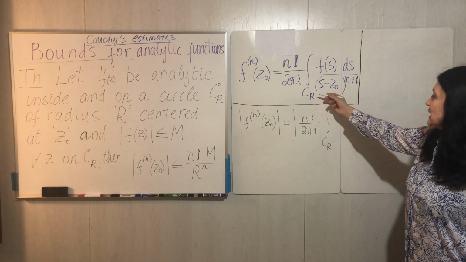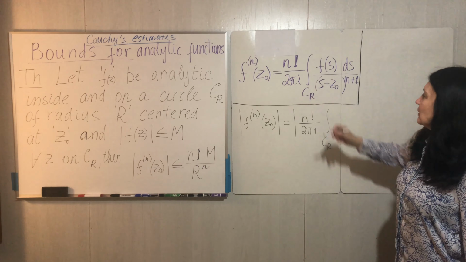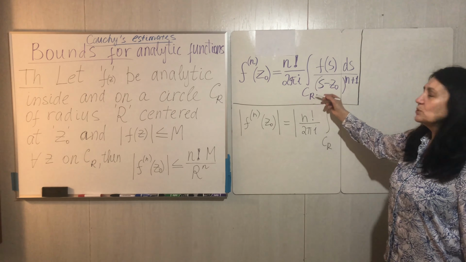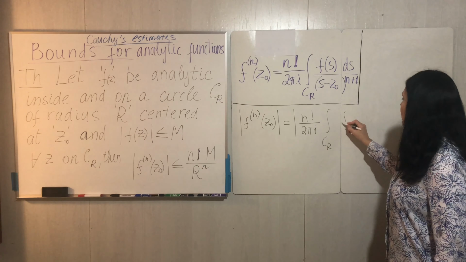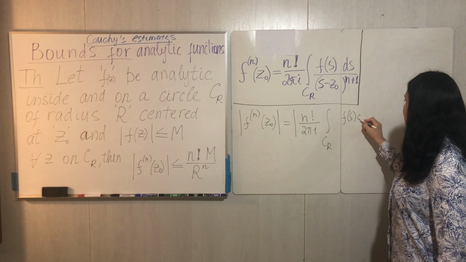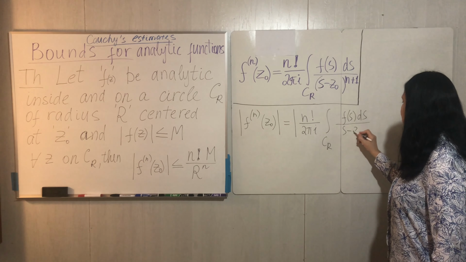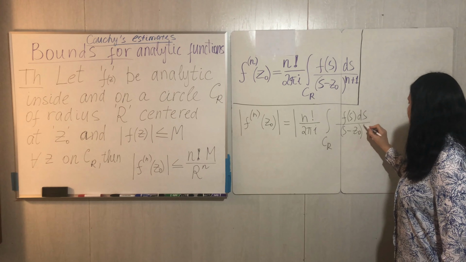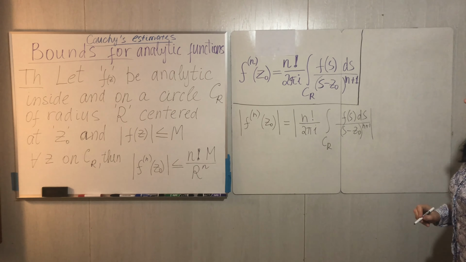In the previous lecture we were talking about just a loop C. Now we took a specific loop, which is a circle. And then we have f of s ds over s minus z sub 0 to the n plus 1.